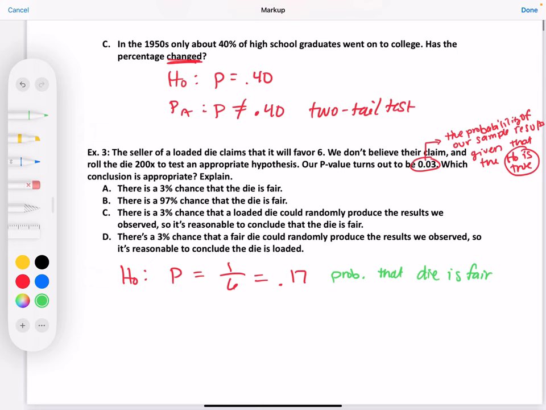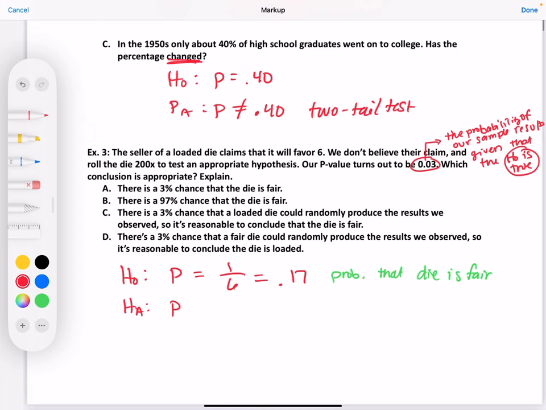So they're saying that it is a loaded die, meaning that the number 6 is favored. It occurs more times than that. So our alternate would be what? P is what? If it favors something, that means that its percentage would be what?